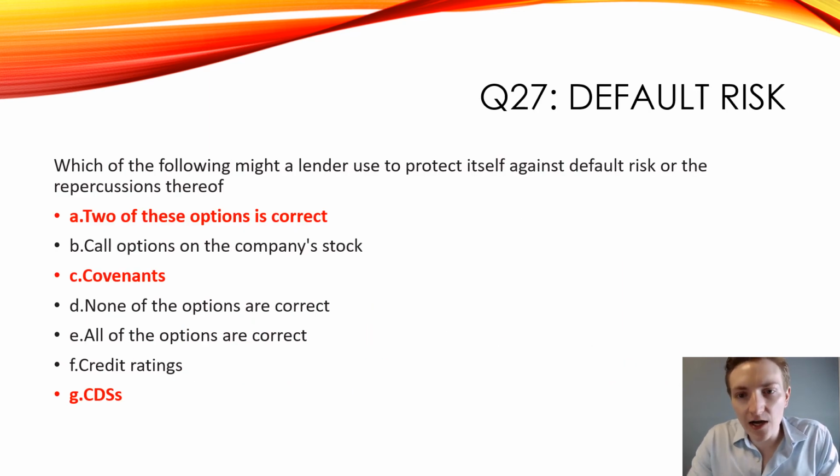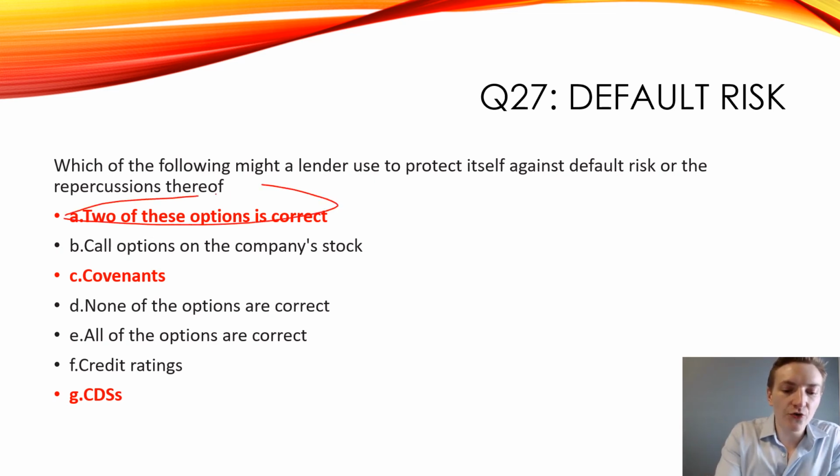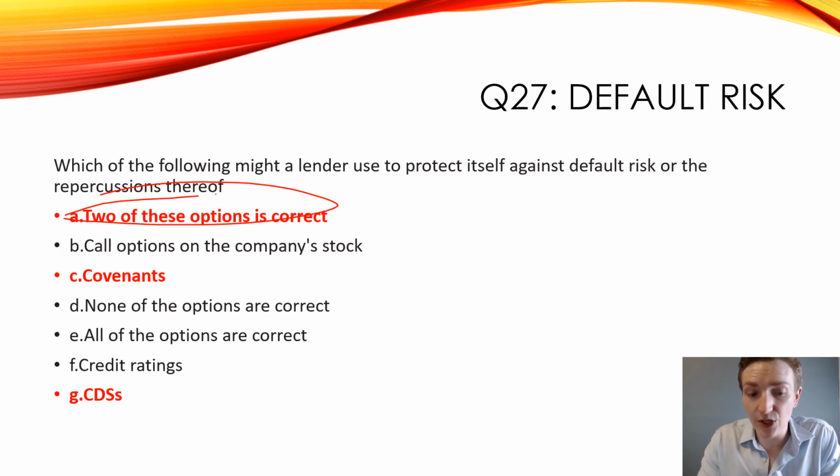In question 7, it asks about default risk. It says, which of the following might a lender use to protect itself against default risk and the repercussions thereof? Well, let's go through each of these. As you can see, I've highlighted 2 of these as correct, so that would be what you would select here, but let's see why. The first one is call options on the company's stock. That's wrong.